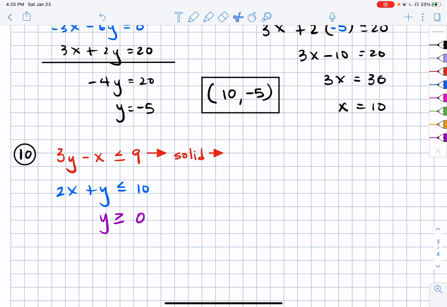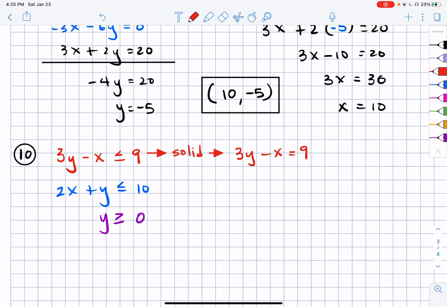I know it's solid. Okay, so I'm going to get y by itself. After it's solid, the only thing I'm going to use the inequality for is to see which way I would shade. So I would have 3y minus x equals 9.